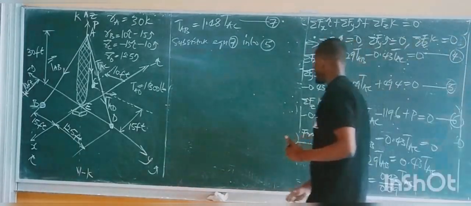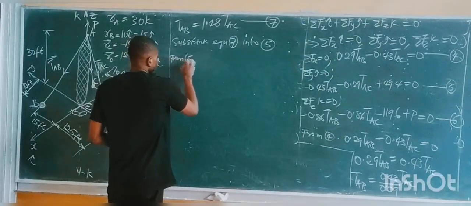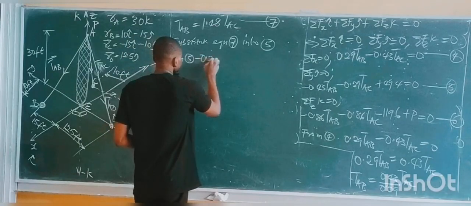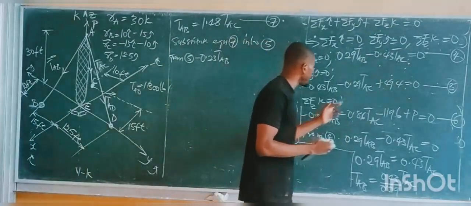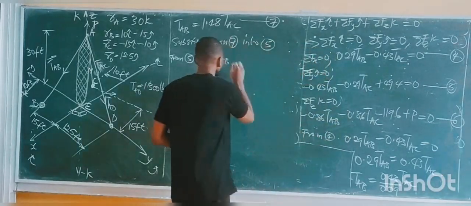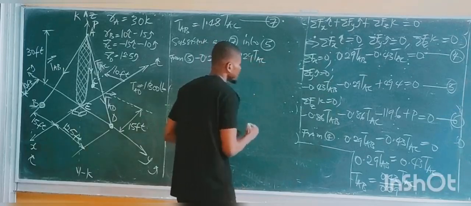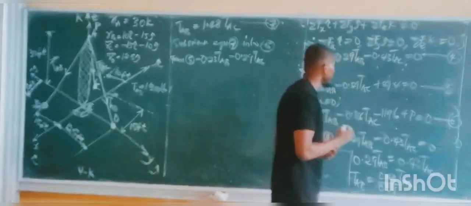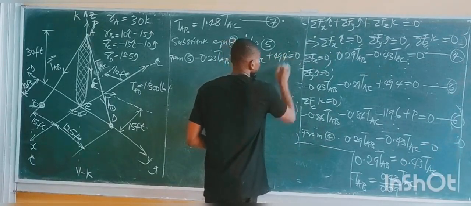Wherever I see TAB in this equation, I will simply replace it with that value for TAB. So from equation 5 we have minus 0.23 TAB minus 0.29 TAC plus 494 equals 0.